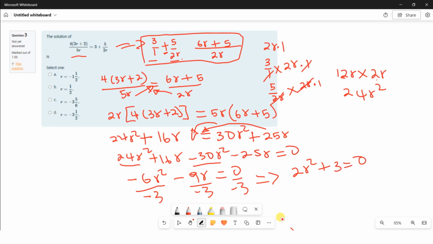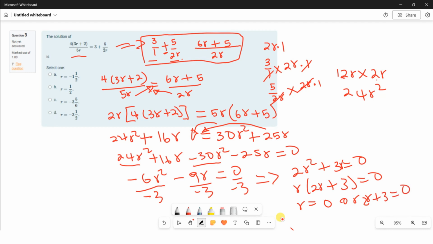In this case we can factorize. If we take out r, we are left with 2r plus 3 equals 0. Solving this, we know that r equals 0 or 2r plus 3 equals 0.